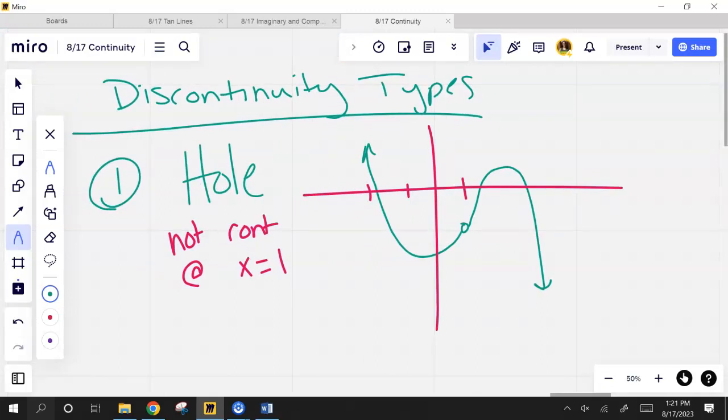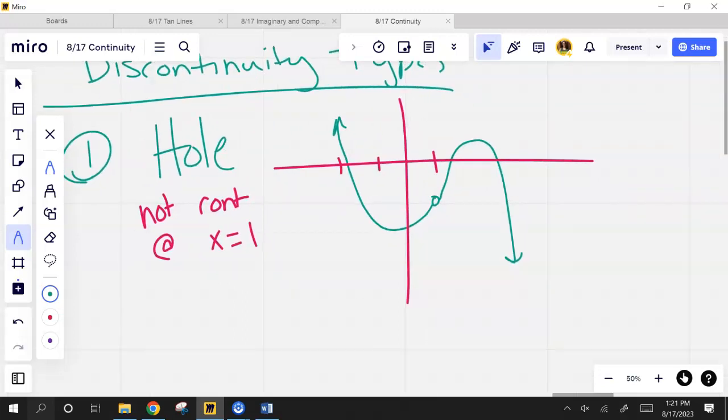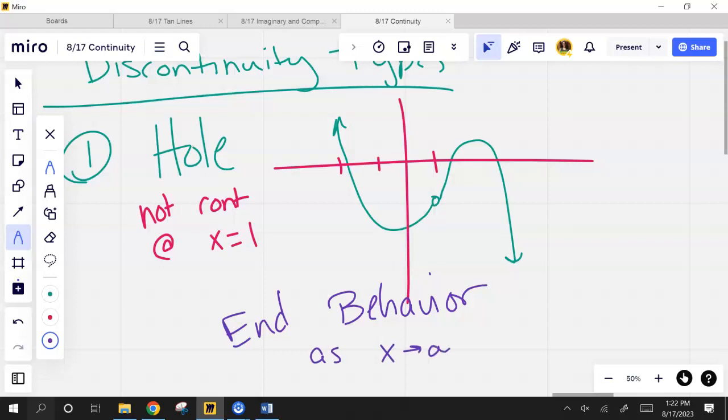If I asked you for the end behavior of this graph, what would you tell me? As x approaches infinity, f of x, which one is it?